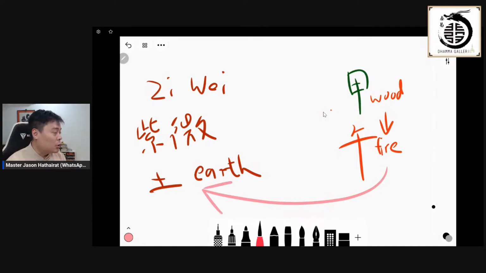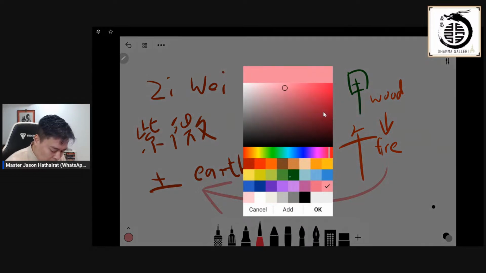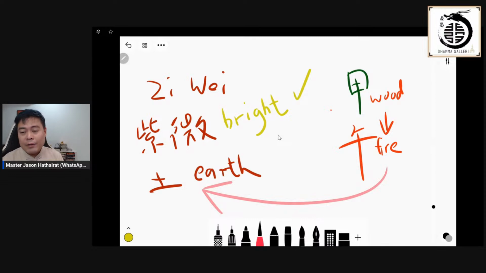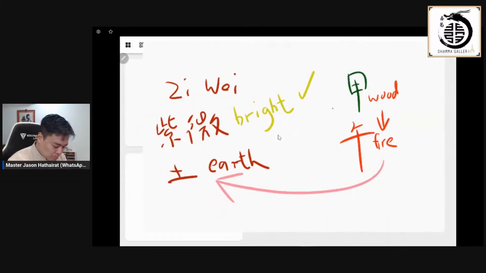Therefore, within such a domain, the Ziwei star will be at a very bright position, which is a positive thing. So very good, Stephen. Very good try. Very good understanding of the concepts of how the heavenly stems and earthly branches are related to the stars within that specific domain.